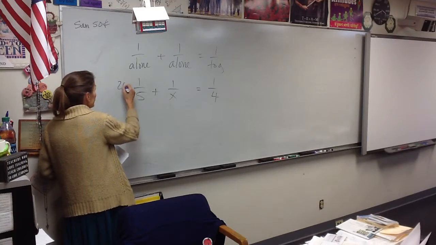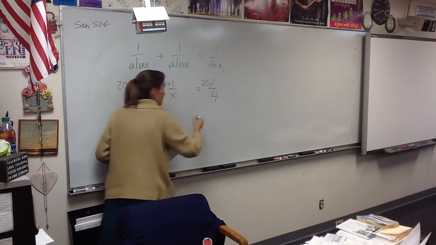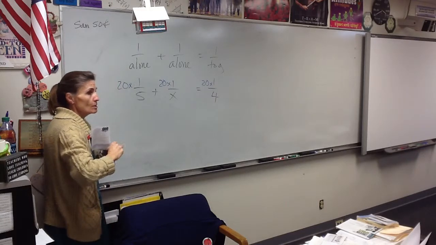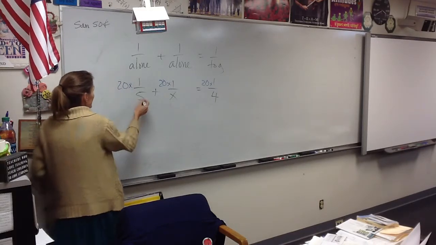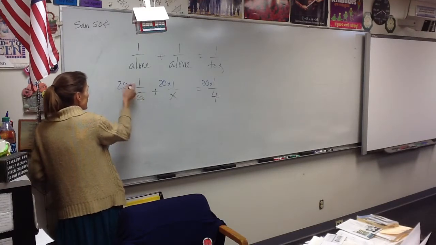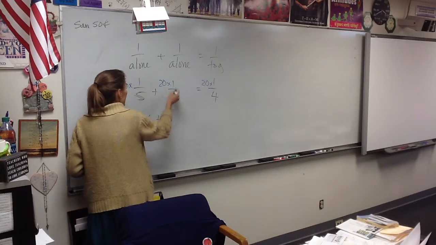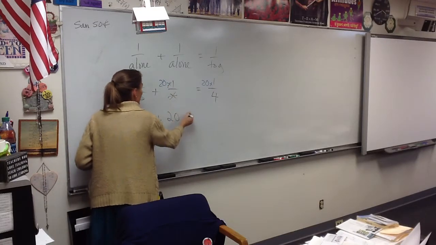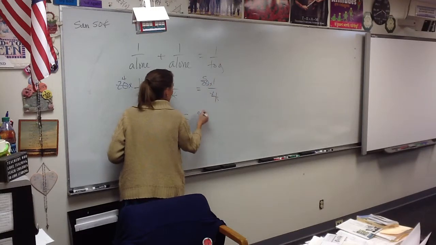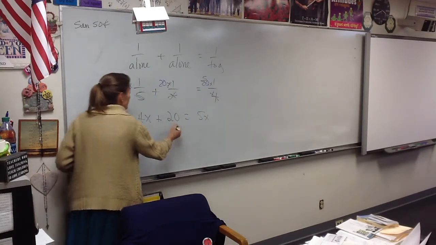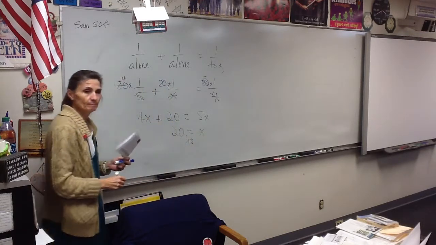That would be 20x. So when I multiply by 20x, 5 goes into 20 4 times. The x's cancel and leave me with 20. 4 goes into 20 5 times and leaves me with 5x. So 20 hours is x.